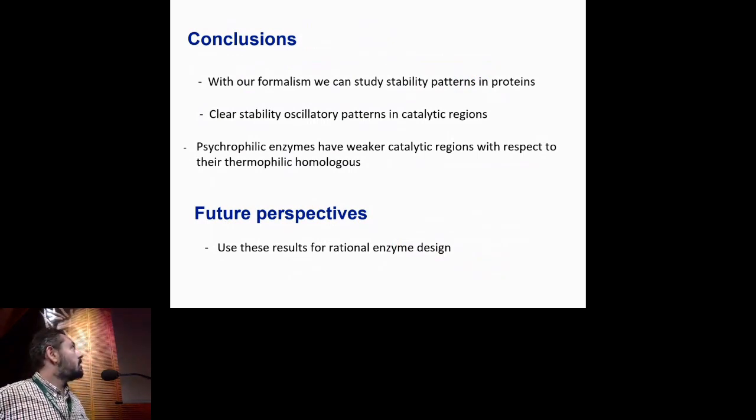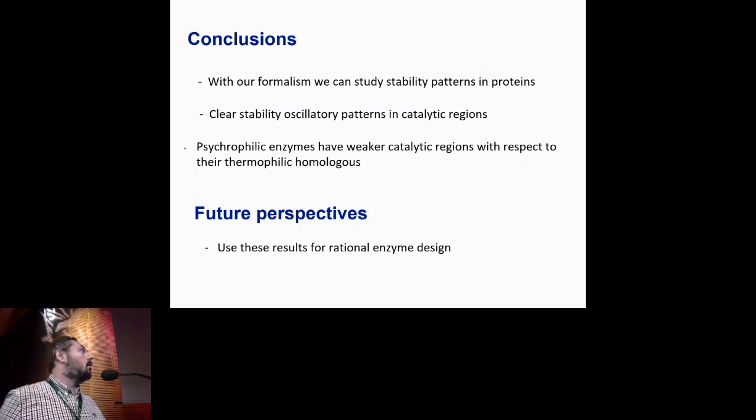So let me just summarize. With our formalism, we are able to study stability patterns, strength and weakness, in proteins, and by applying this to enzymes, we clearly see some stability oscillatory pattern in the catalytic region.